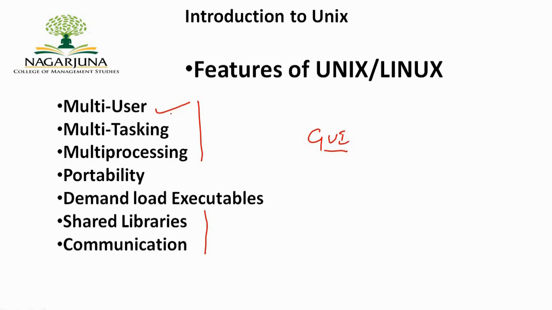The next feature of the Unix operating system is multitasking. Unix is called a multitasking operating system because it supports concurrent execution of multiple processes. Since each command takes a small fraction of time, only a little CPU time is required for every process.